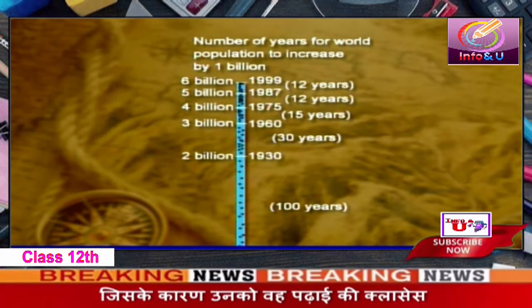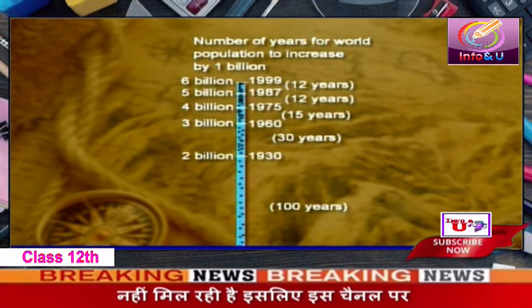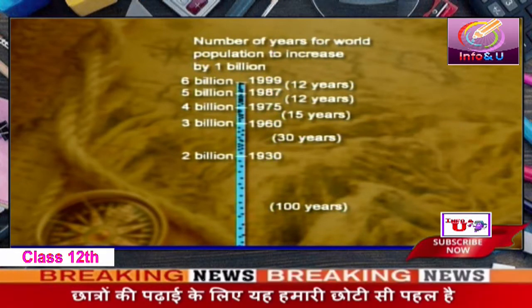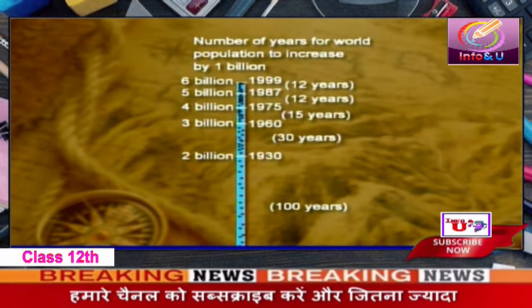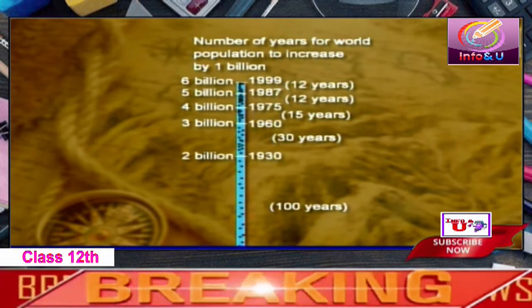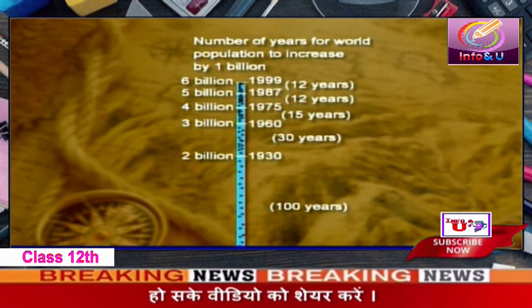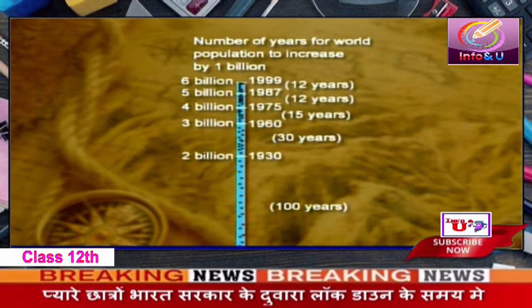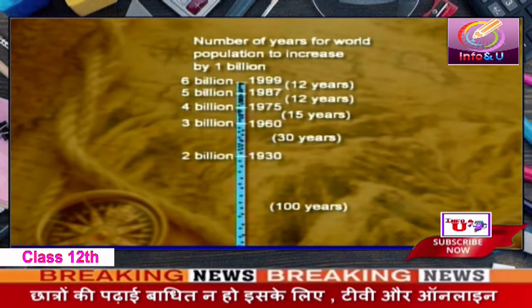It almost took 100 years to double the population in the early stages. This graph shows us that in the period from 1830 to 1890, the world population grew from 1 billion to 2 billion. Say, in a period of 100 years, the population grew by just 1 billion.